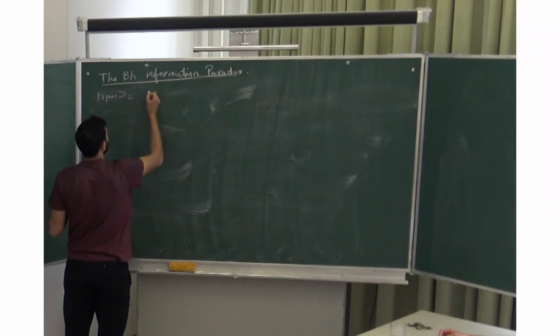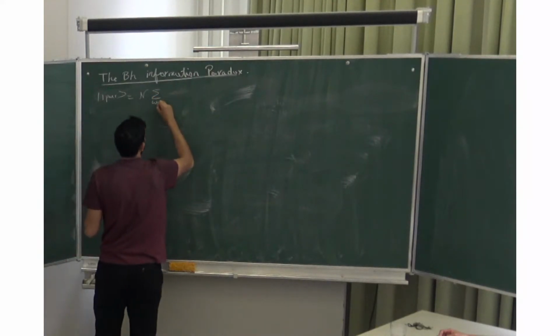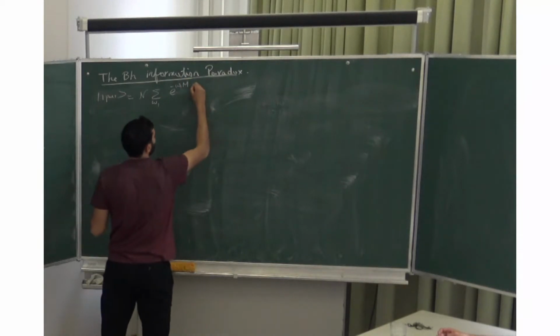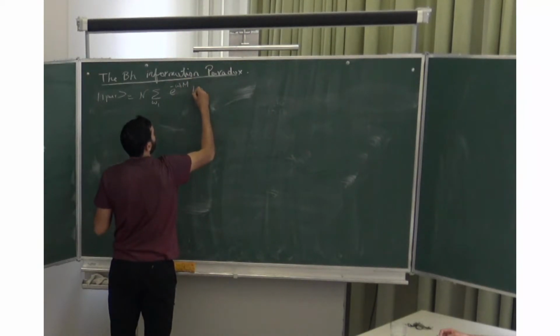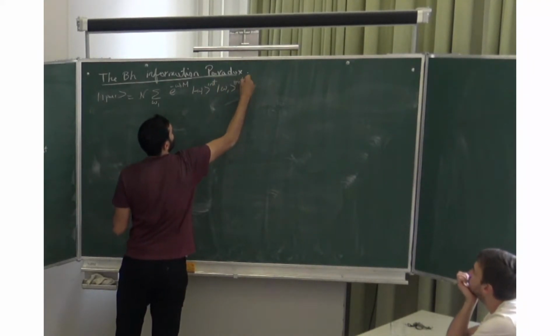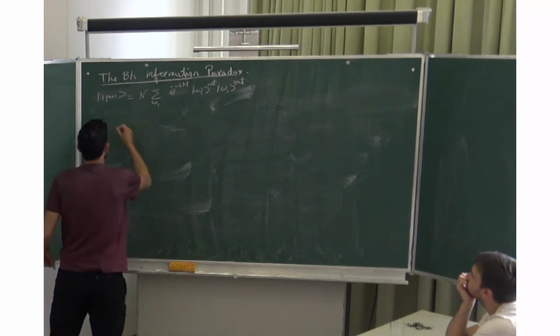You can show it's some normalization factor, sum over omega 1, of minus omega 1, mass of the black hole, and then minus omega 1 int, and plus omega 1 out. Just an entangled state, where one has positive energy and one has negative energy.